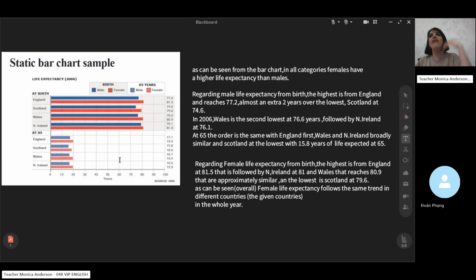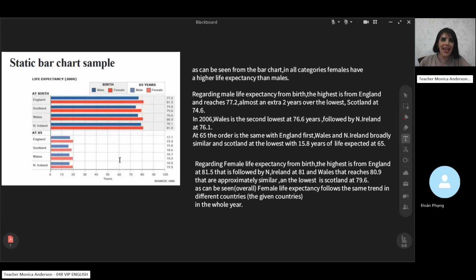However, if life expectancy for female is from England at this figure, and for male it's from Wales at this figure, but as you can see, they're the same, then there is no actual difference here.